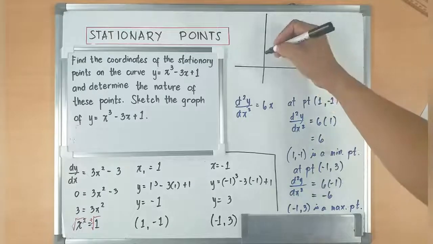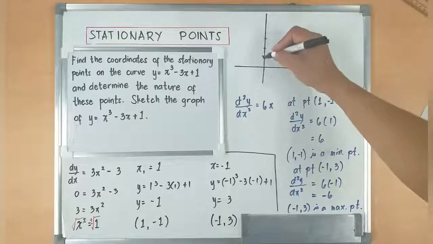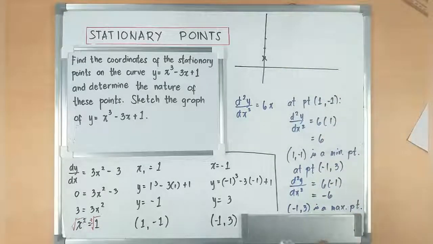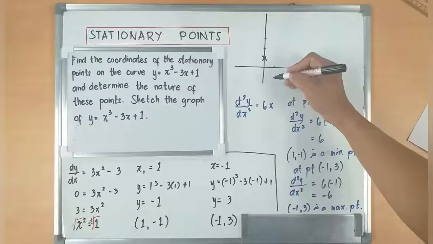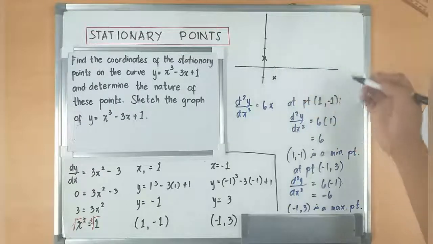So if this is 1, this is 2, this is 3. Okay, this is the y-intercept. Next, I'll have 1, negative 1. 1, negative 1 is here. Okay, let's put that point.